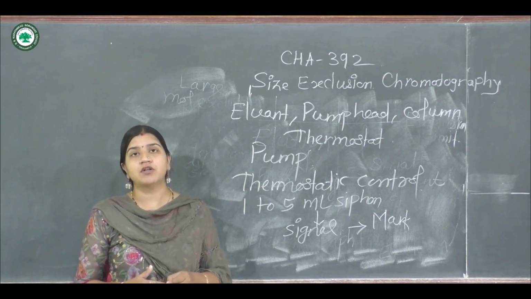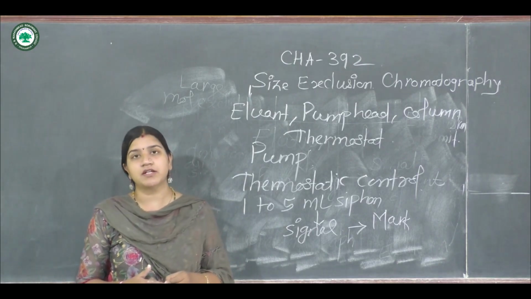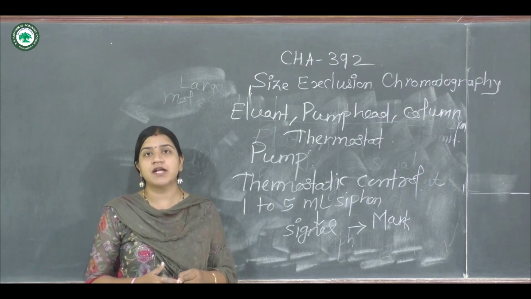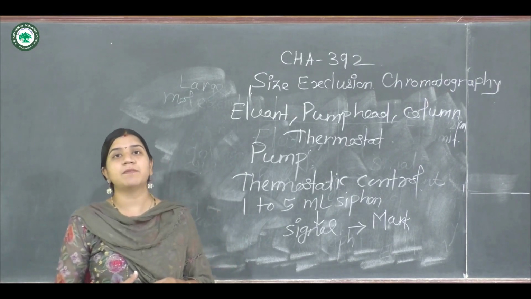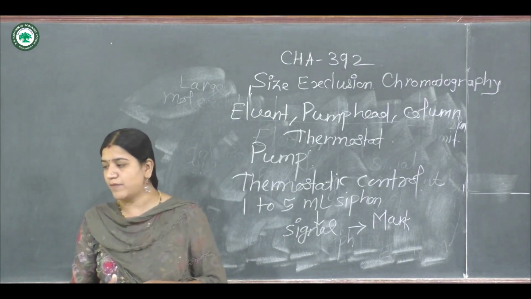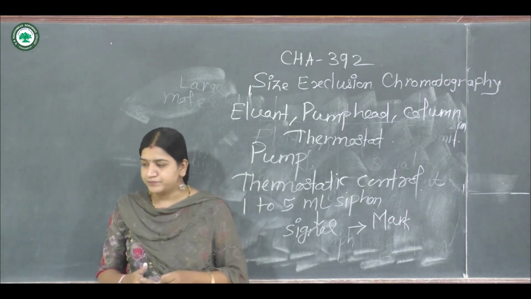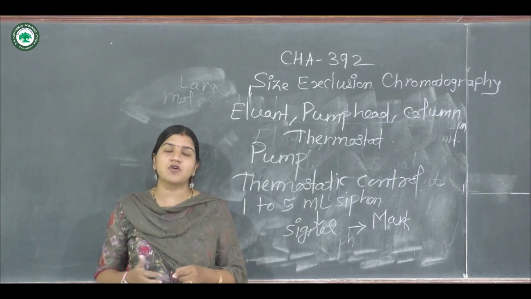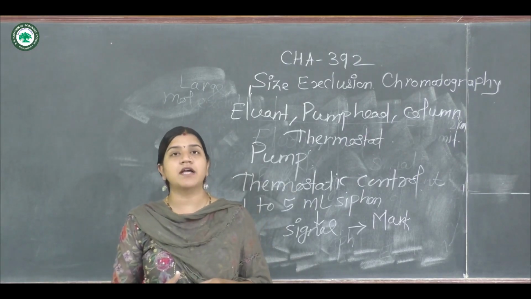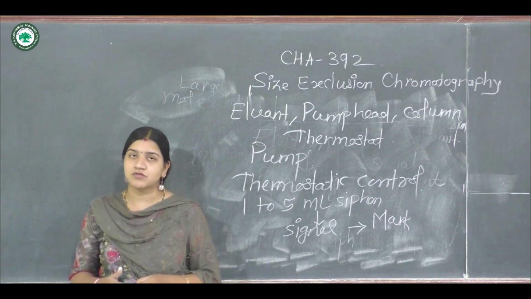So if you want to determine the number of theoretical plates in size exclusion chromatography, you have to select a material which is completely penetrative through the porous column. So this is all about the molecular mass determination by using size exclusion chromatography.